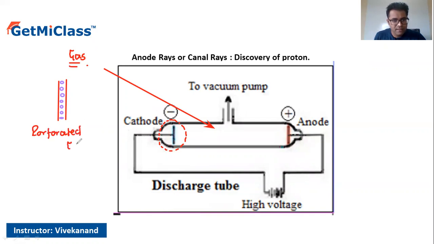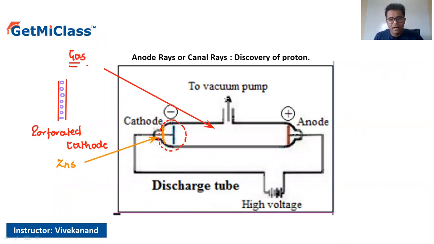Therefore, these are the perforated cathodes. And the final modification was that the wall at the cathode side had a zinc sulfide screen. So here, a zinc sulfide screen was inserted.